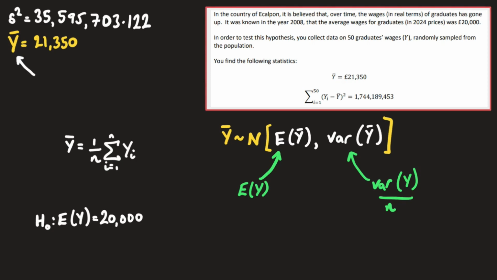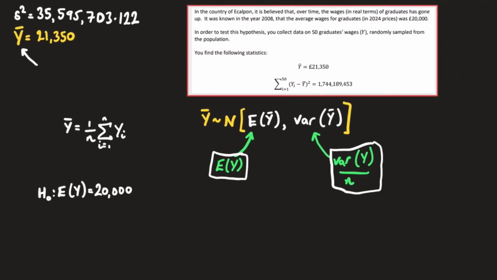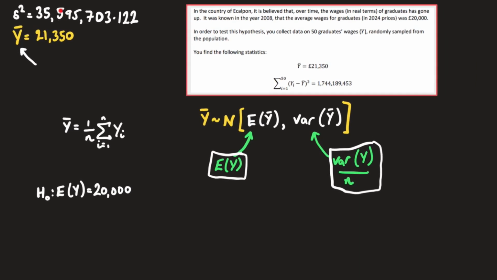Now, if that null hypothesis is true, we could substitute in that the expected value of y is equal to £20,000. Now, we still don't know what the variance of y is. So we're going to need to leave that as a general variance of y term. Even though we've got an estimate here, this is not the true variance.